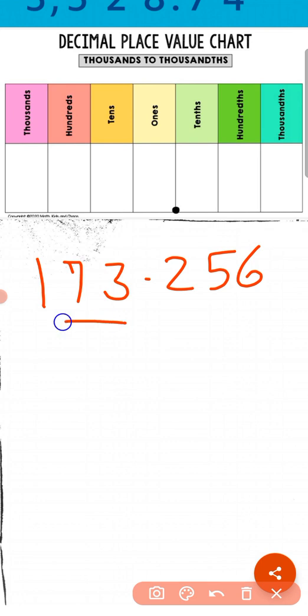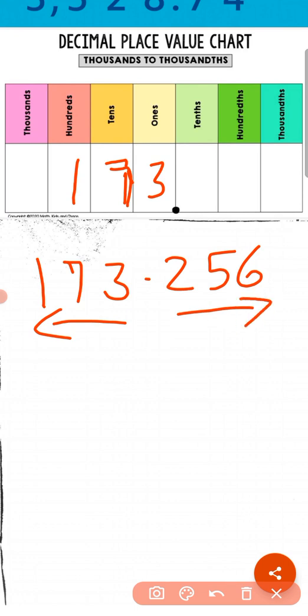On the left side of the decimal, 3 in ones place, 7 in tens place and 1 in hundreds place. Now check the digits on the right side of the decimal. This is the decimal point. First place tenths, second place hundredths, third place thousandths.